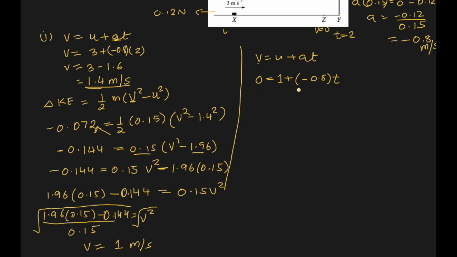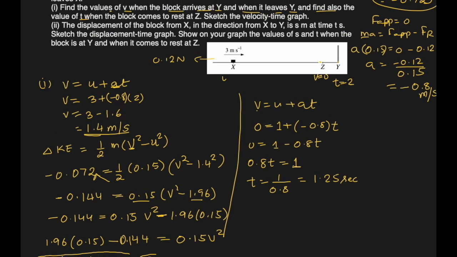So 0 equals 1 minus 0.8t, 0.8t will become positive when it goes to this side, equal to 1. So time will be 1 divided by 0.8, which is 1.25, because 10 divided by 8 is 1.25 seconds. So 1.25 seconds later, it reached z and stopped.